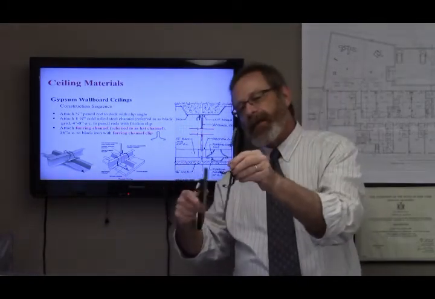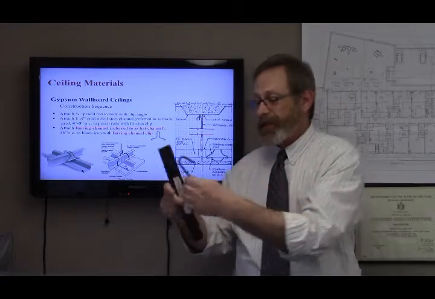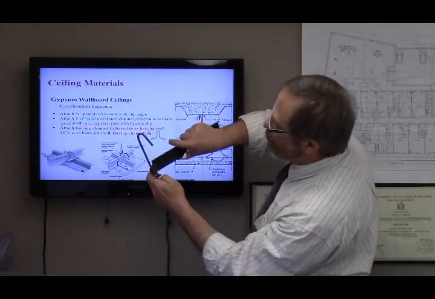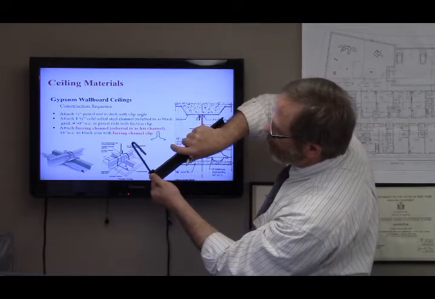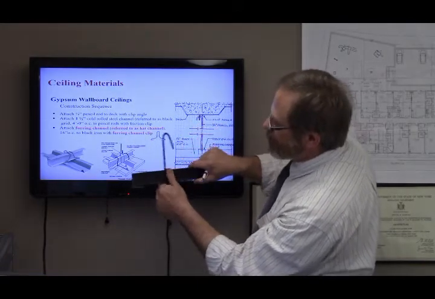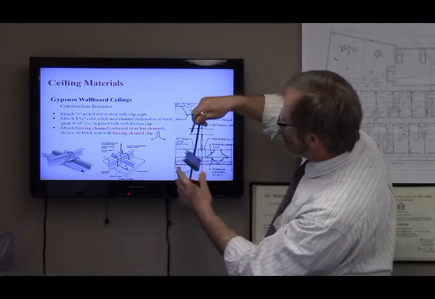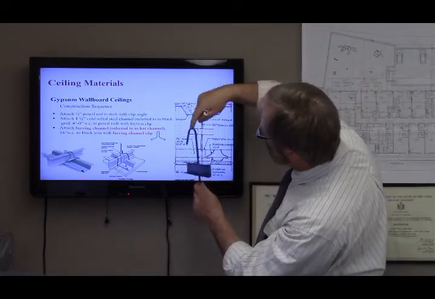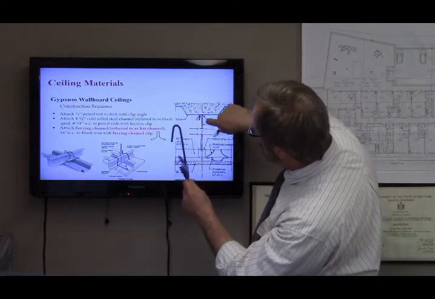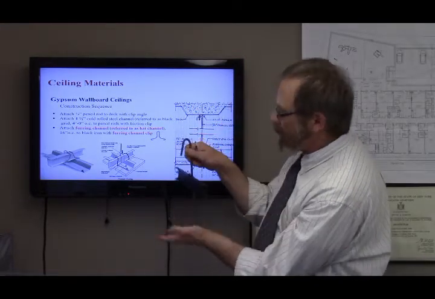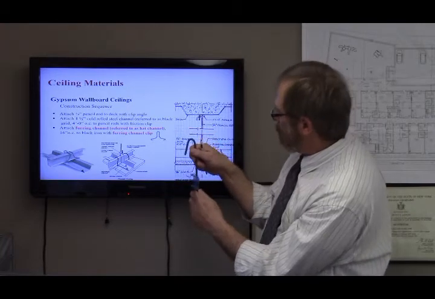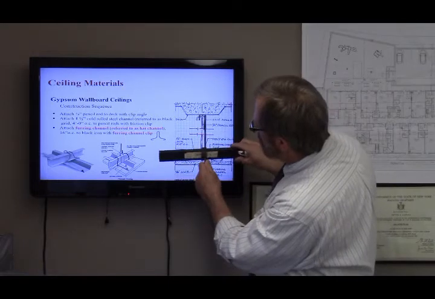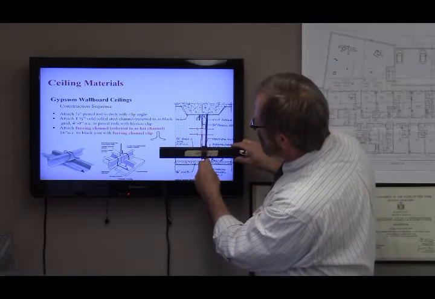This slides simply, well, not so simply, but this will slide into that friction clip, relieving some of the pressure on the clip, slides right in. So now I have my deck above, my clip, my pencil rod extends down to the height of the ceiling in the room with the black iron hanging off the friction clip.